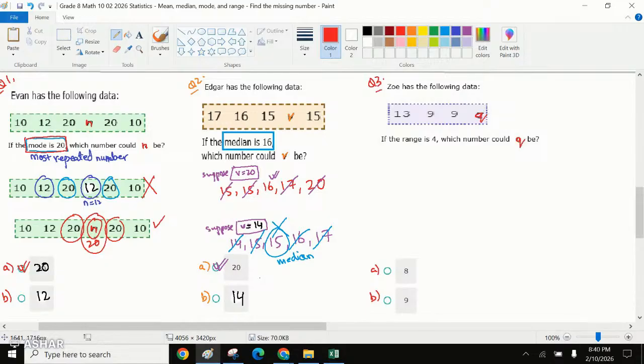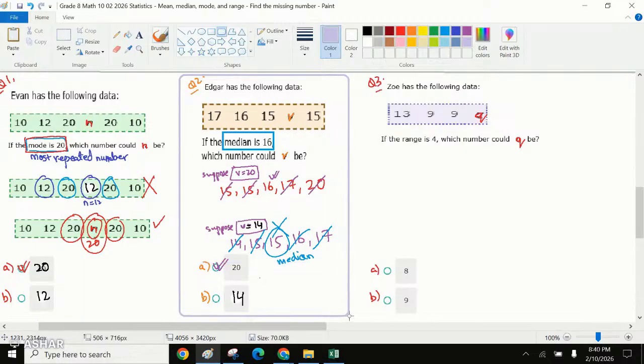So which is the best way? Which is the best way to find the answer? Correct answer? We substitute. So what we do is we suppose Q as 8 and we suppose Q as the second option 9.